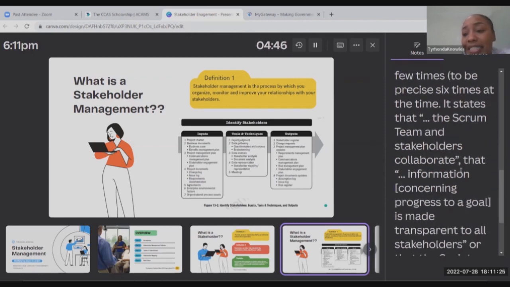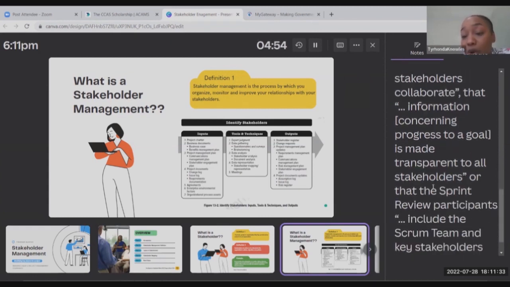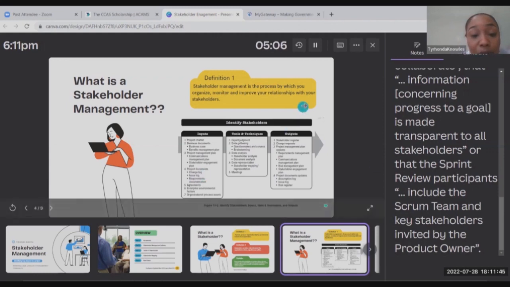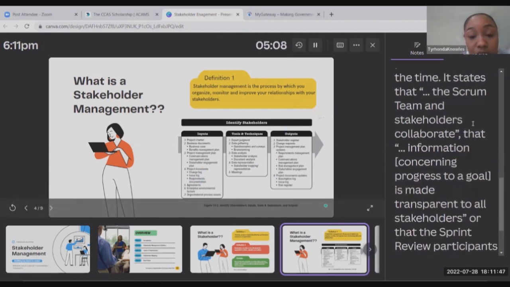And essentially it states that the Scrum team and stakeholders collaborate, that information concerning the progress to the goal is made transparent to all stakeholders. And in the sprint review, the participants include the Scrum team and key stakeholders that are invited by the product owner, who has purview over the stakeholders.